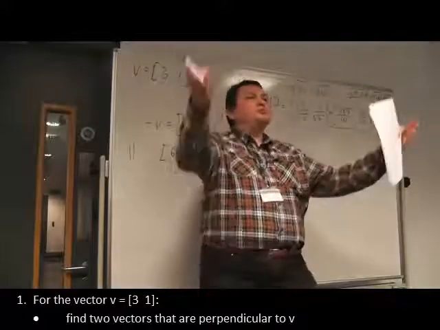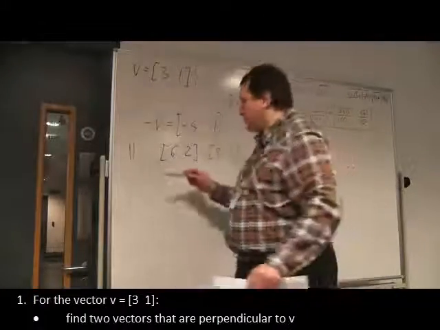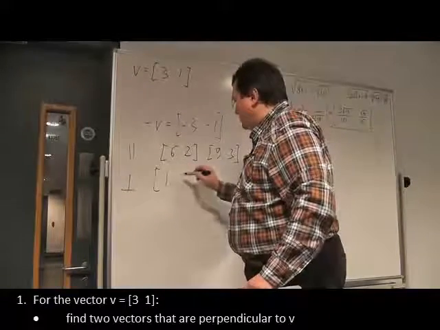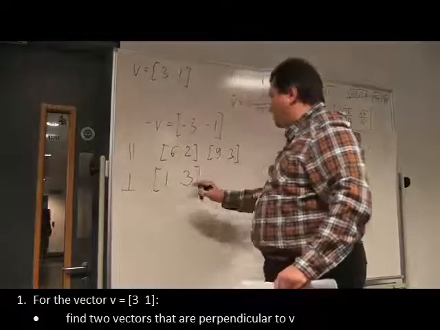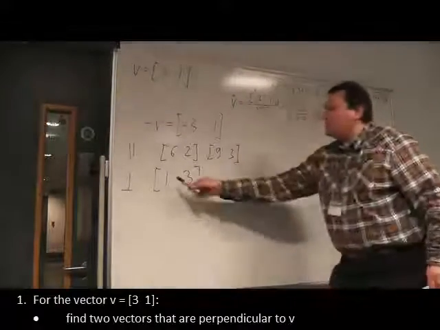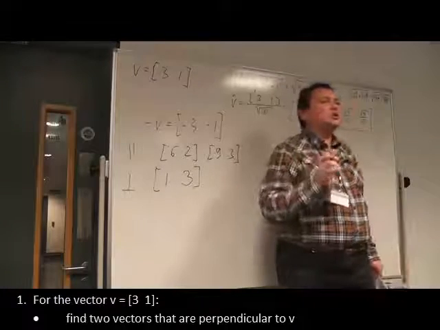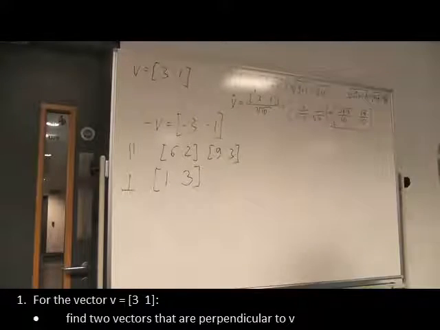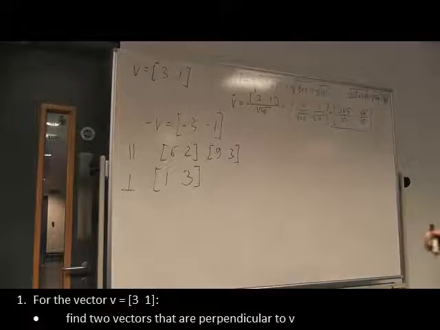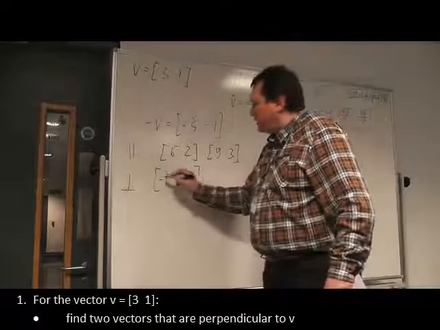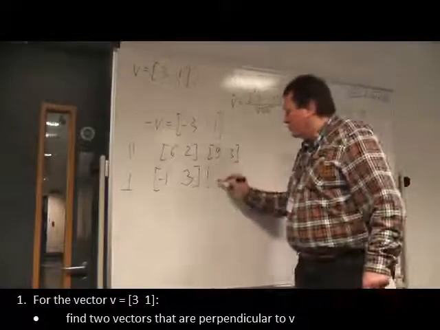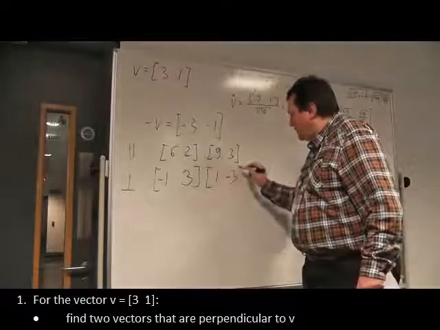We just swap both coordinates, so we had 3, 1, so we will swap them, so it's 1, 3, and additionally we need to change the sign of one of these, whichever of these. So a perpendicular vector might be -1, 3, or 1, -3.